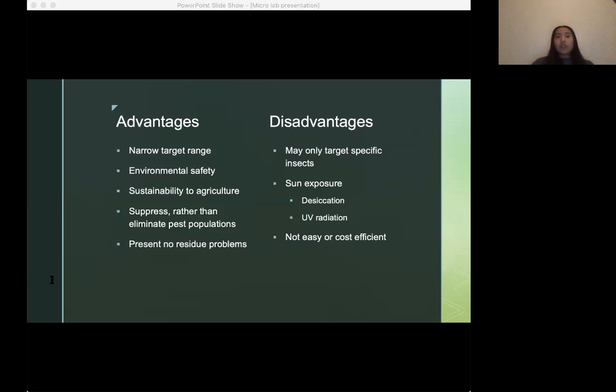Sun exposure is also a disadvantage because it can be detrimental to the bacterial insecticide. It can cause desiccation, which would inhibit the bacteria from doing its job, and ultraviolet radiation would also inhibit or kill the bacterial compound. It is also found to not be as cost efficient as chemical insecticides.